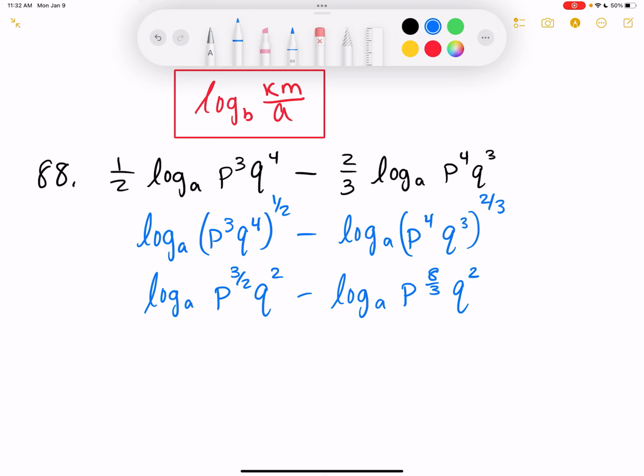Now you can rewrite it as one log. So it'll be log base a of the first one divided by the second one, so p to the 3/2 q squared divided by p to the 8/3 q squared.